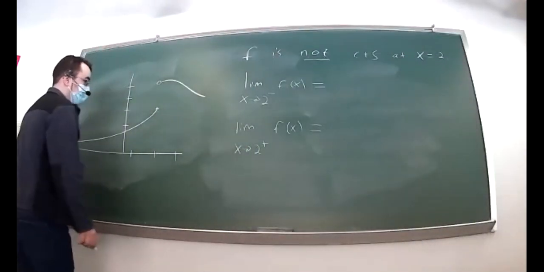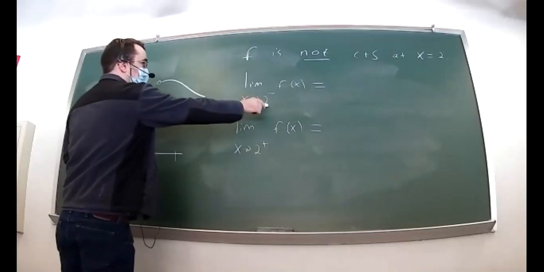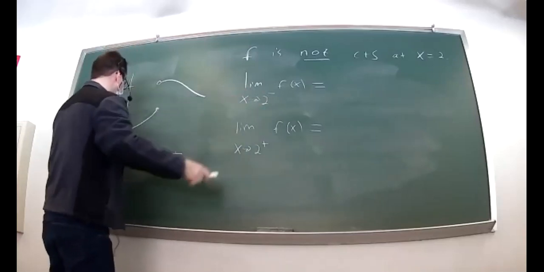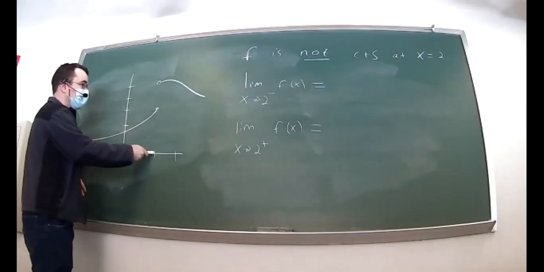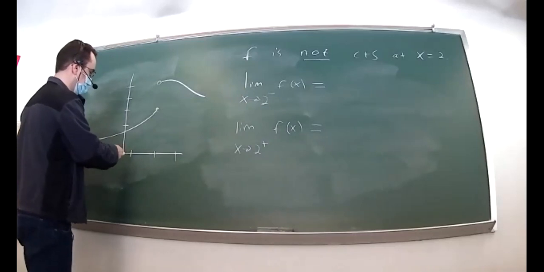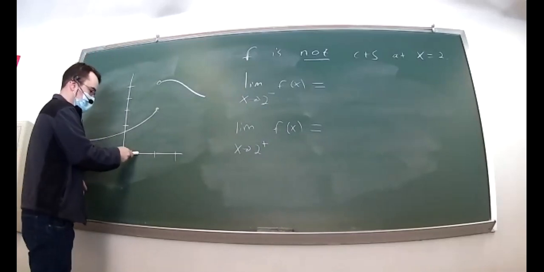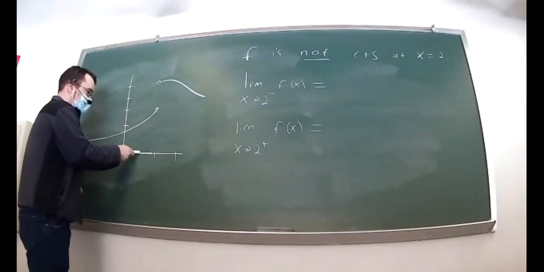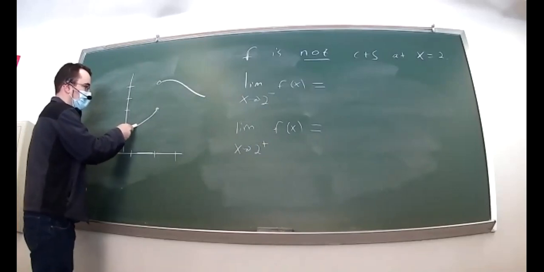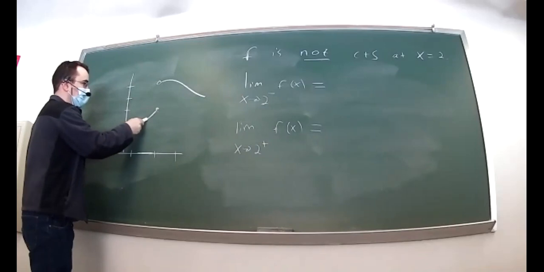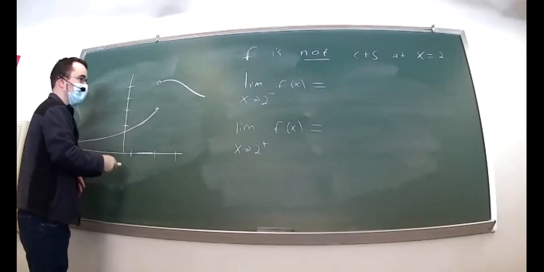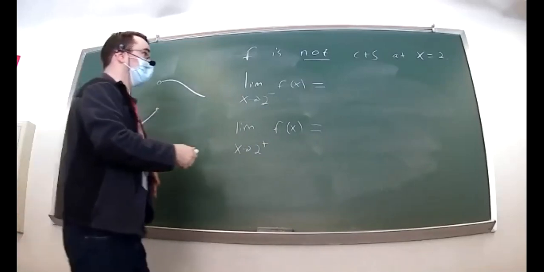So now I'll go through it. For the left-hand limit, we want to consider only those values of x that are to the left of the number 2. So as the x values are approaching 2, think of the y values. Where are they approaching? X values approach 2 from the left, y values approach 2 from the left.